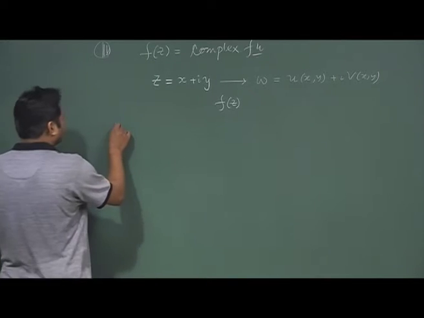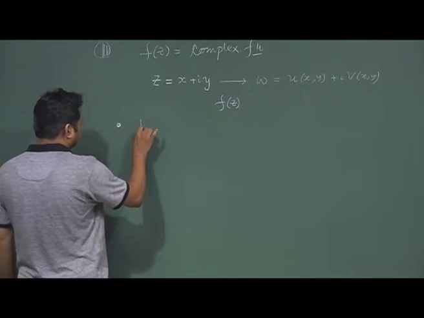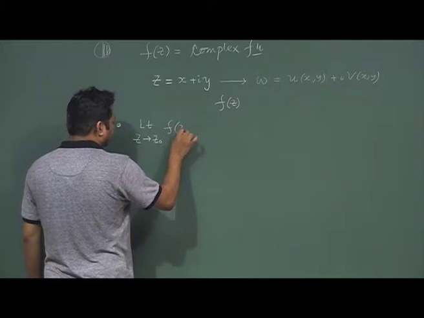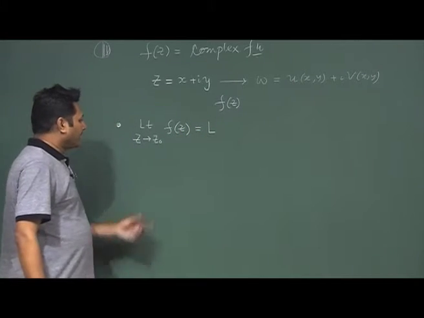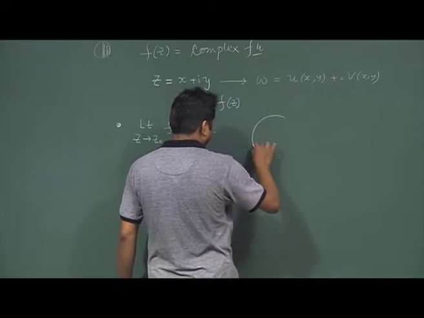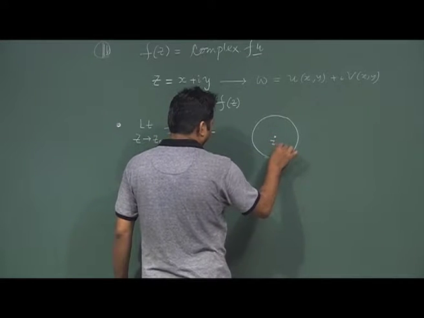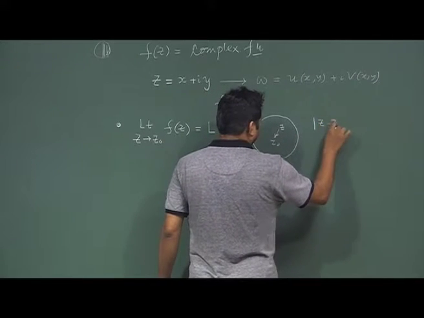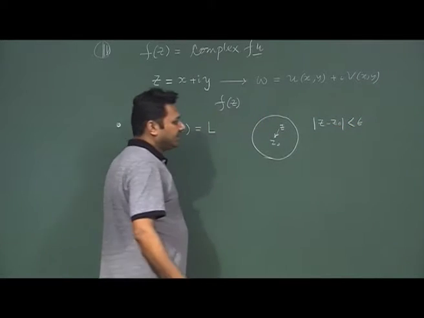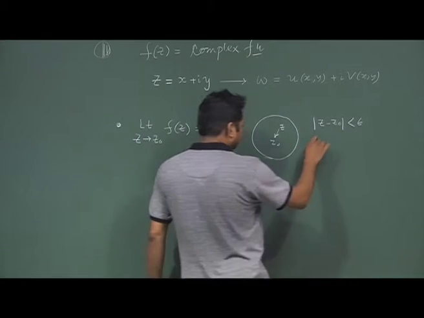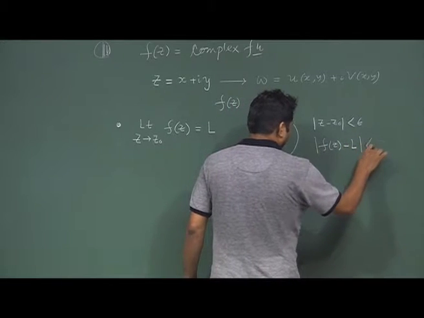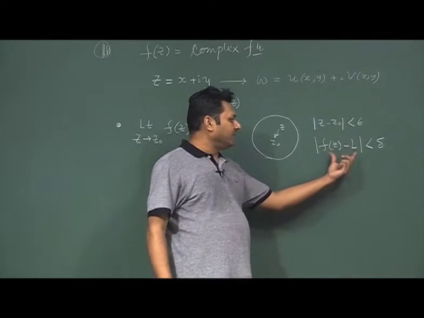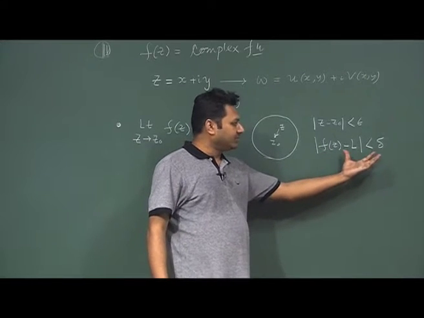So, the next thing was, when the function is defined, we define the limit: limit z tends to some point z0 of f(z) is L. Essentially the meaning is, if we have a point z0 here, z is some point which tries to come to this point z0 with the condition that mod of z minus z0 is less than some quantity epsilon, then the function tends to the value L, with the condition that mod of f(z) minus L should be less than delta.